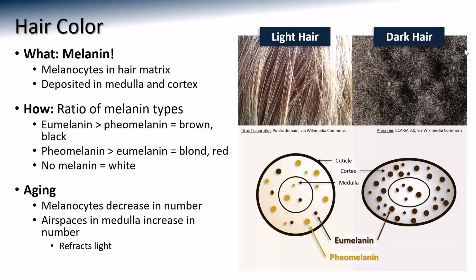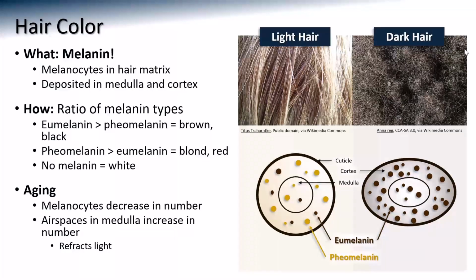There are 2 things that give hair a different hue. Number 1 is going to be the ratio of melanin type. Once again, we have eumelanin, which is a brownish black color, and pheomelanin, which is that yellowish red color.